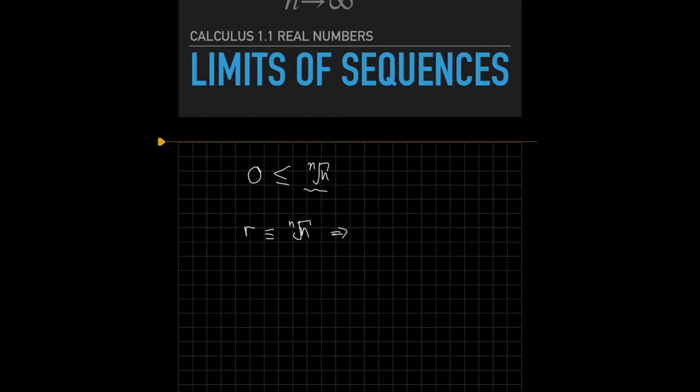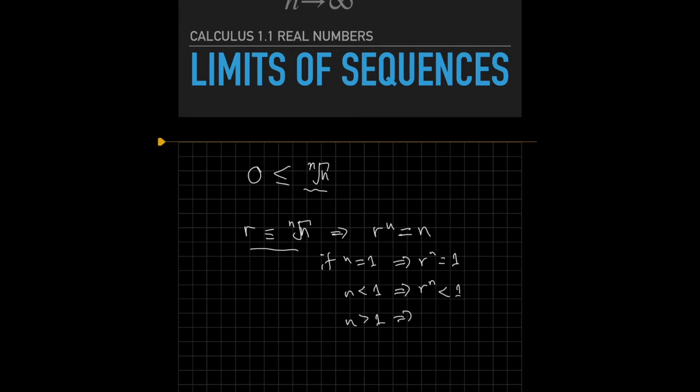We notice that r to the n equals n. And if n equals 1, then r to the n equals 1. But if n is less than 1, then r to the n is less than 1.